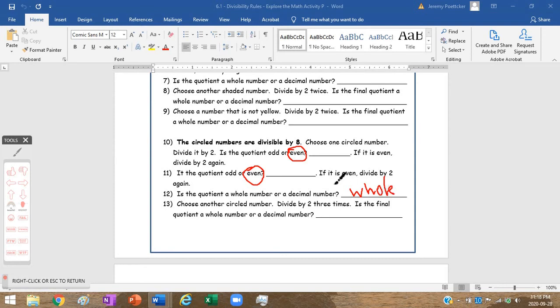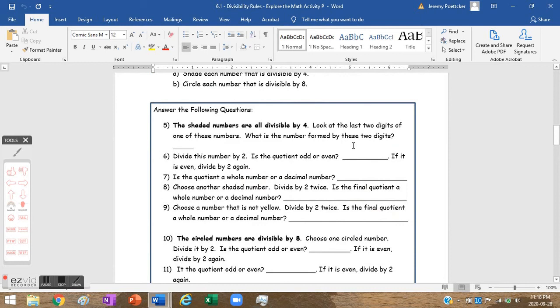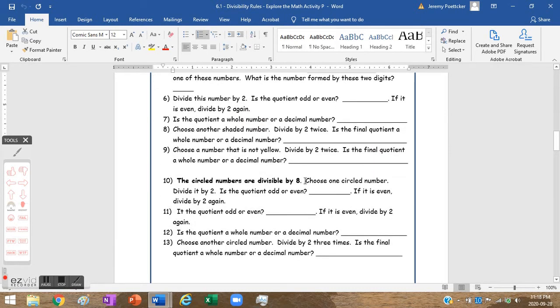And what we're going to find out is that our quotient is even again. And we'll divide by 2 again, and we're going to find out that we have a whole number. Lovely. Choose another circled number. Do the same thing, and what we're going to find out is that, in fact, yes, it's a whole number.